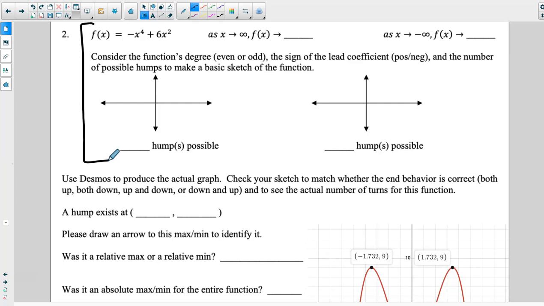Julian basically goes, even functions go like this or this, odd functions go like that or that. How do I know if it's like that or that? Positive, positive. Negative, negative. There's a chart in that lesson. I would recommend just looking at that. Okay. Don't really need much else.